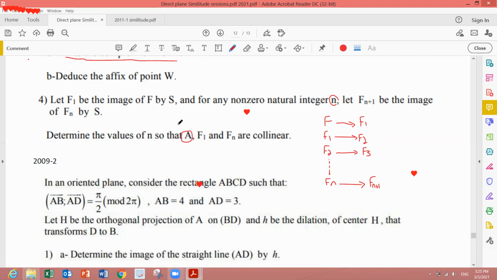Which angle? The angle AF1, AFn equals k pi.